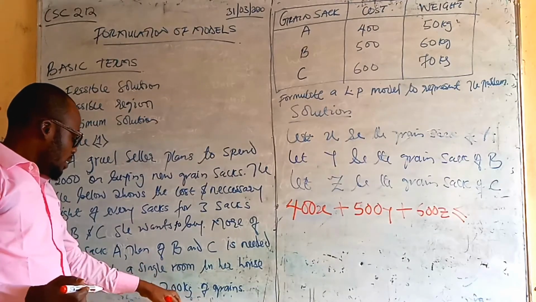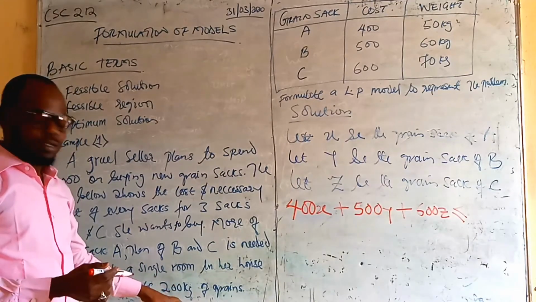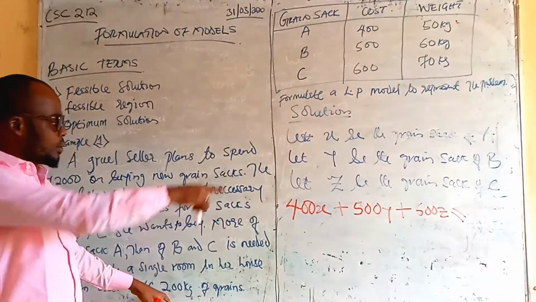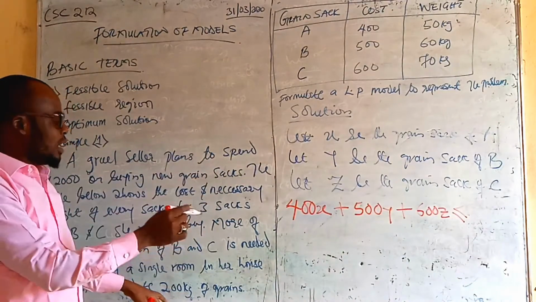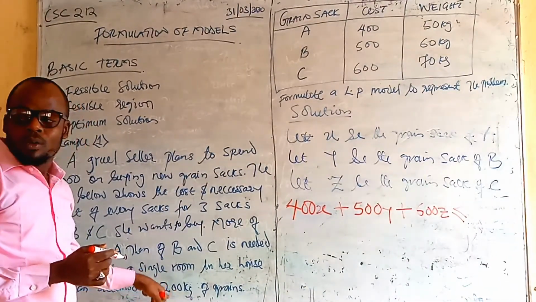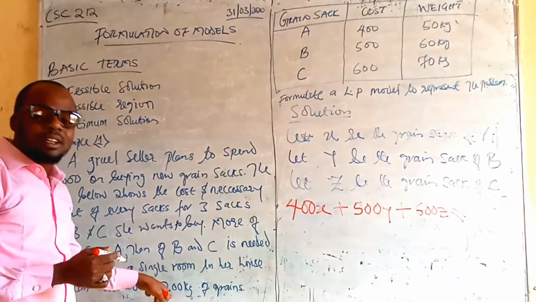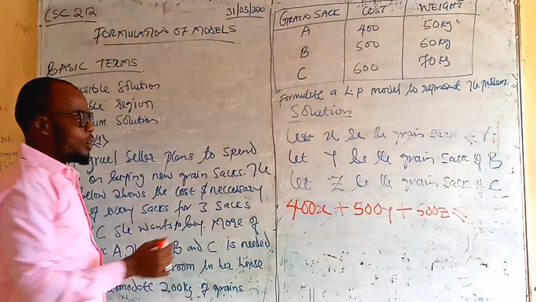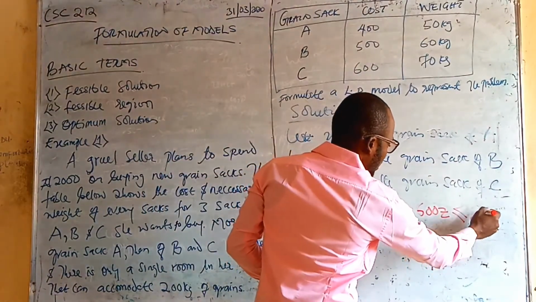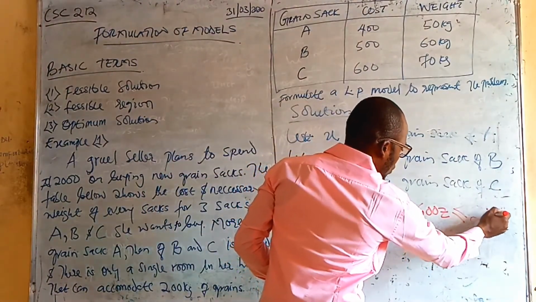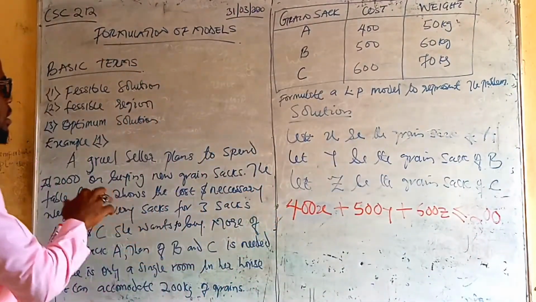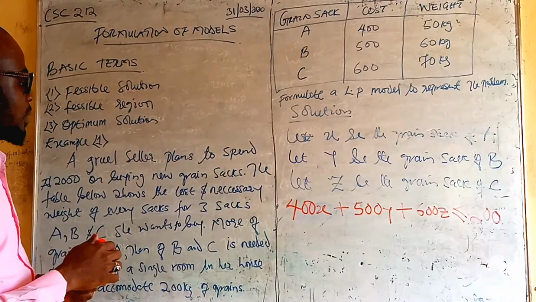Her room cannot accommodate something greater than the limit, so we make it less than or equal to, and we state that it is less than or equal to the limit. Then we finish up with the first constraint.